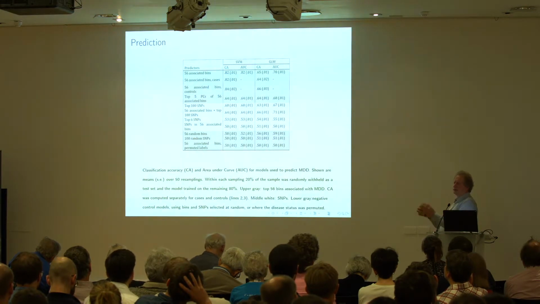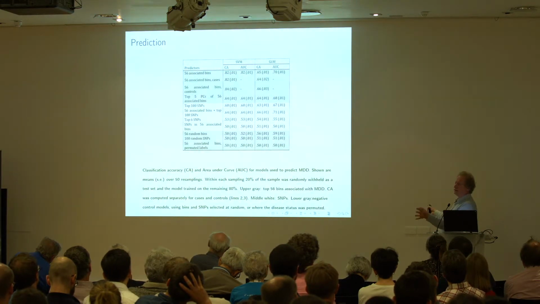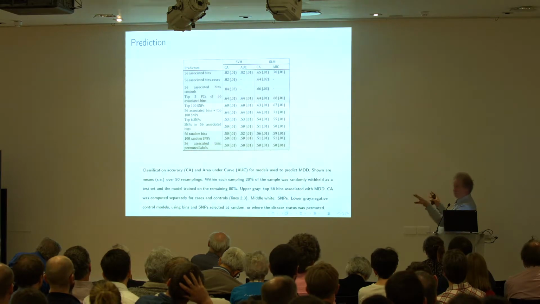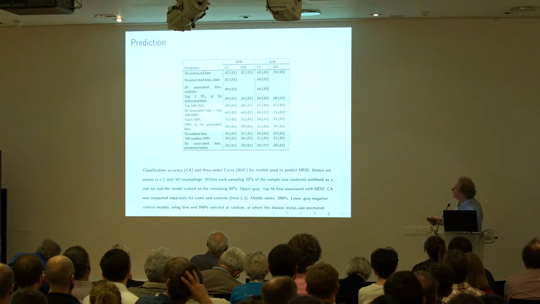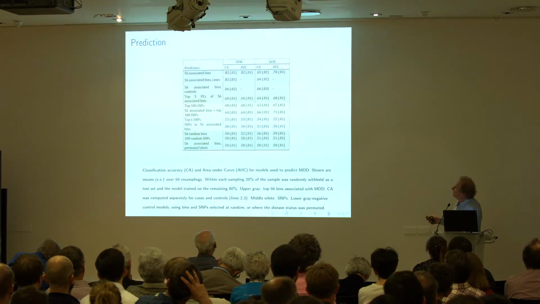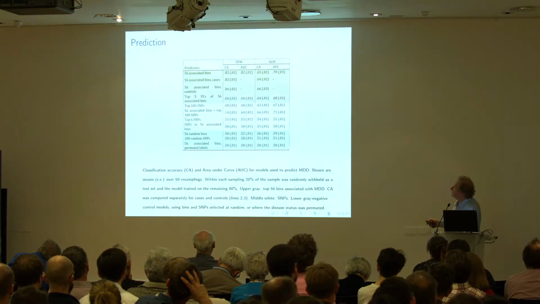I should say by withdrawing 20%, training on 80%, and then predicting into the 20, if you know what I mean. Using the structural variant loci we've identified, we get about an 80% accuracy. Okay. The best we can do with SNPs is something around 60%.